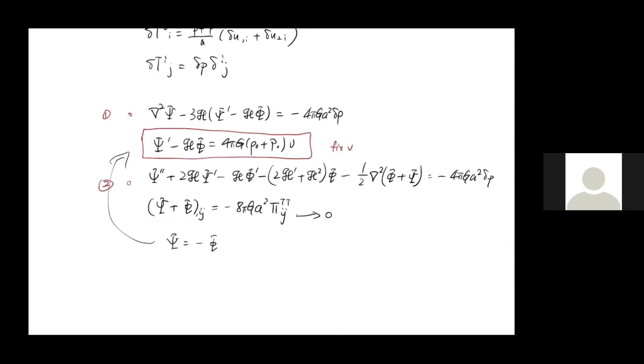So 2 minus 1 times the CS squared. I suppose CS squared is the sound speed, partial P over partial rho.